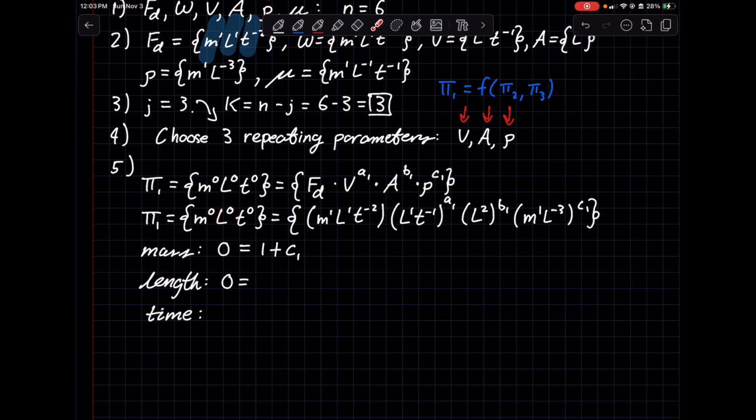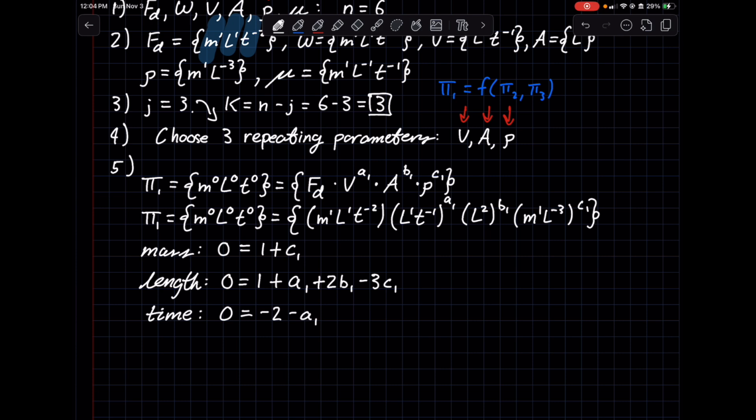We have L0, then we have 1, then plus A1, again just following all of the lengths only, plus 2B1 minus 3C1. For the time, again, just rinse and repeat. 0 is equal to negative 2 minus A1, and that's the only time we have.